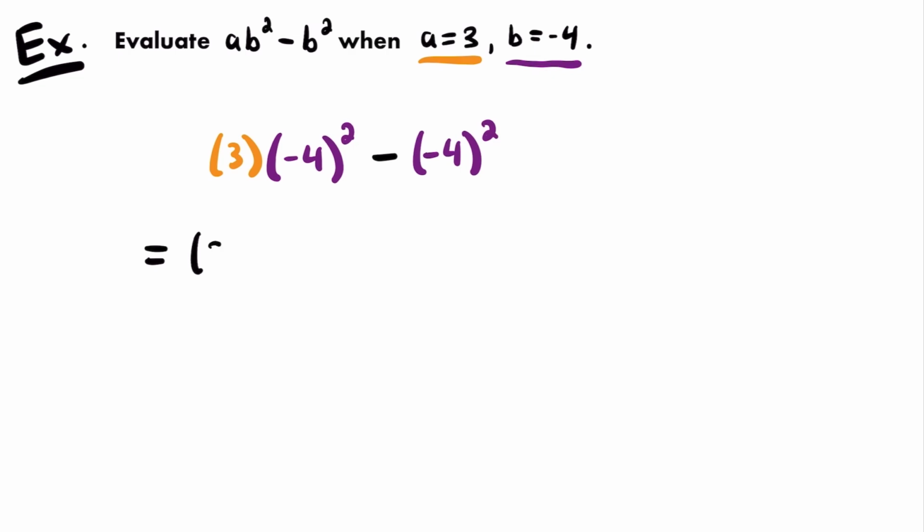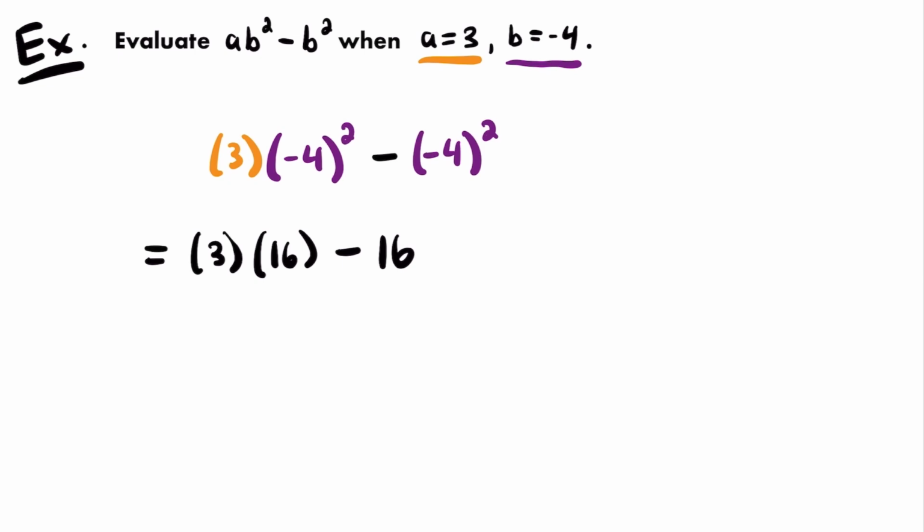We're still going to have 3, but it will be multiplied by negative 4 squared. And what negative 4 squared means is negative 4 multiplied by itself. So we have negative 4 times negative 4, which is equal to positive 16. All right, so we have 3 times 16, and then we are subtracting negative 4 squared again, which is still going to be 16.